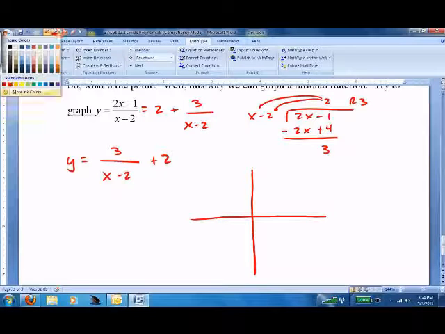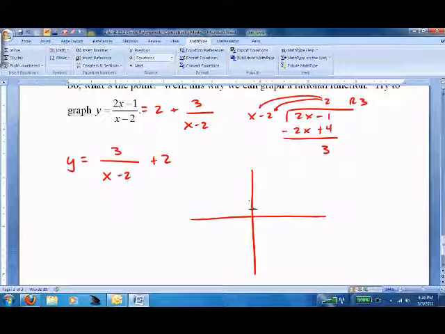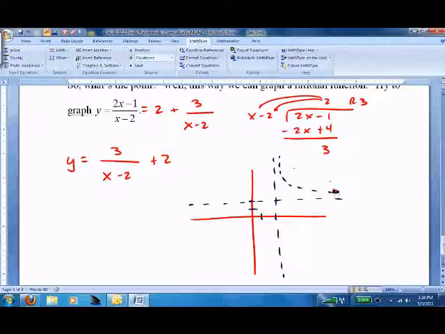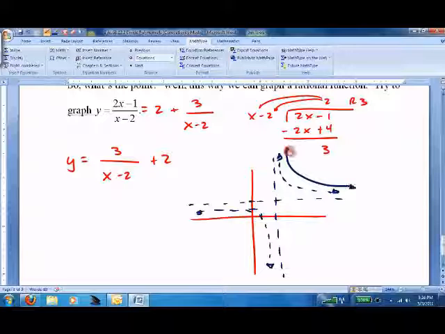Plus 2 moves it up 2. Minus 2, we think it should go left, but instead it goes right. This is the parent function right in here. And this is the actual function, because the 3 moves it further away from the origin.